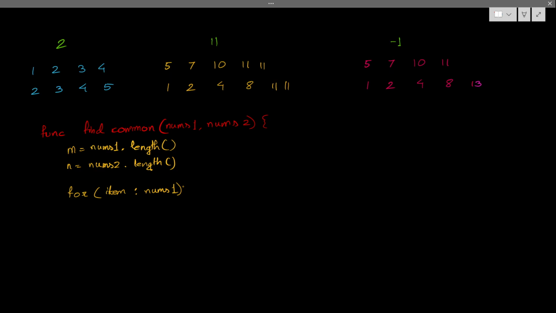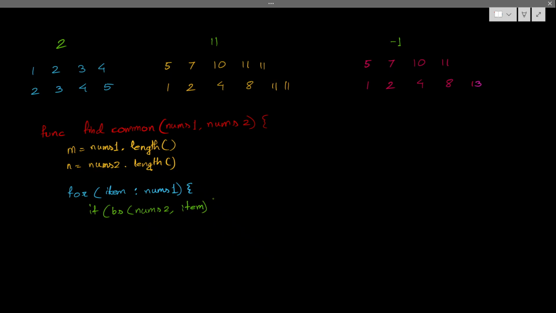For each item in nums1, I have to check whether it is present in nums2, correct. So I'll do one binary search here, let's write a function bs, nothing but binary search, on nums2, searching for item.